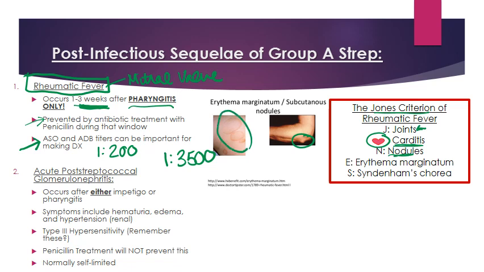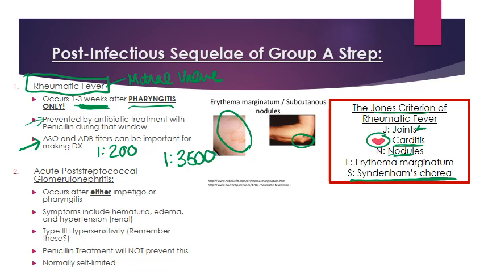It's not uncommon to have this kind of watercolor rash that's called erythema marginatum. And then another one is a neurologic symptom, Sydenham's chorea, which is basically the involuntary movements of the hand and face that can show up in these patients.